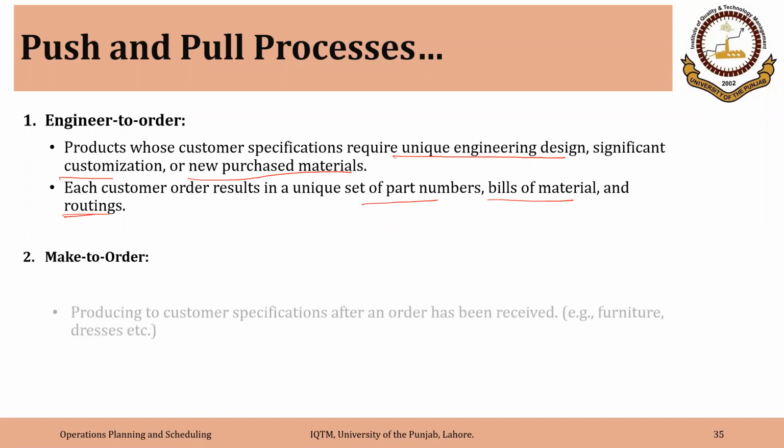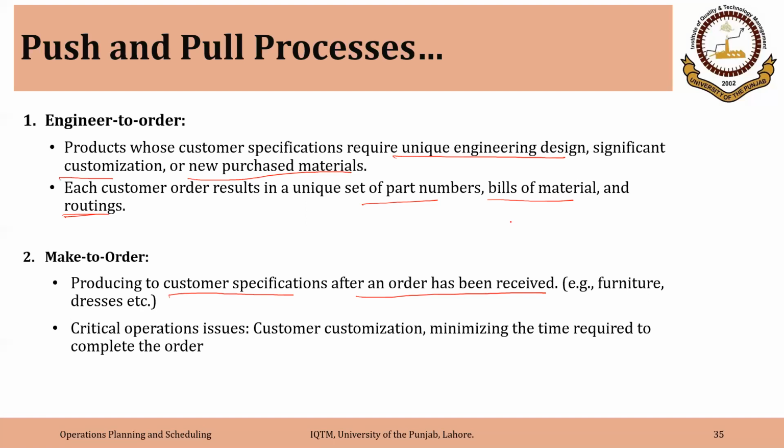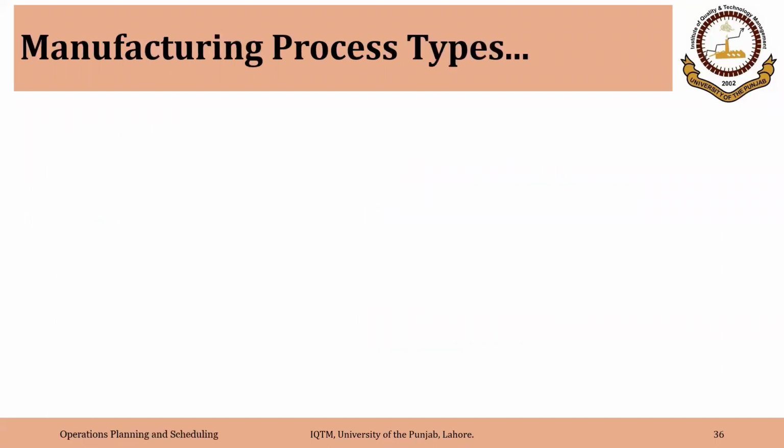Then we have make to order processes. Here we produce to customer specifications, similar to engineer to order, after an order has been received. Critical operations issues here are customer customization and minimizing the time required to complete the order.